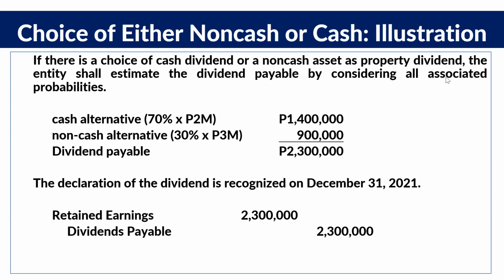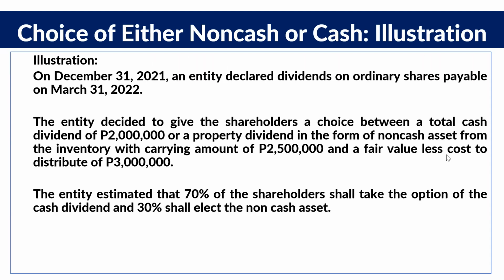For the first alternative, the cash, there is a 70% chance of availing of the cash alternative. So we multiply 70% of the 2 million, and we have 1.4 million. Whereas the non-cash alternative is 30% of the 3 million. Take note, 3 million is the fair value less cost to sell of the inventory to be distributed.